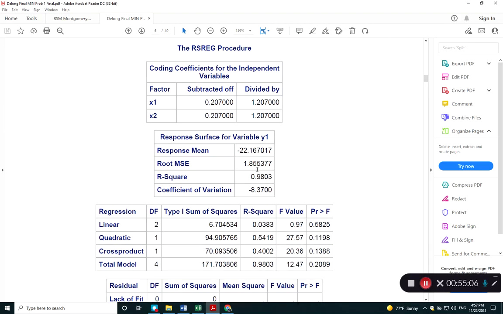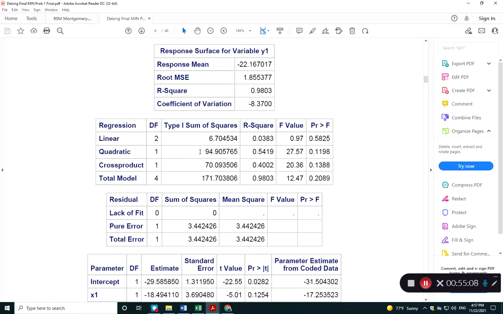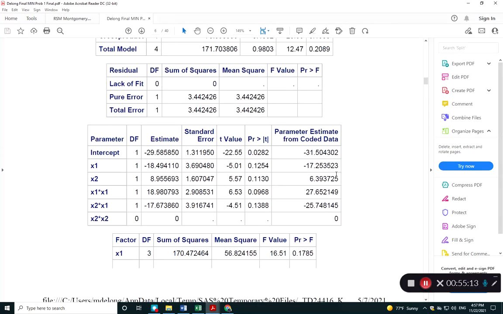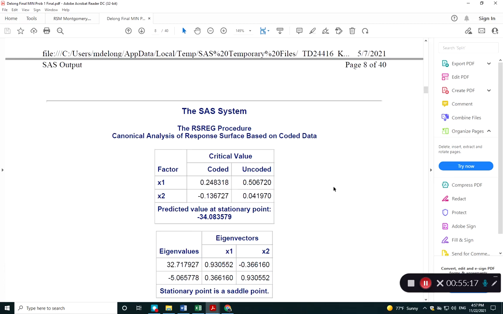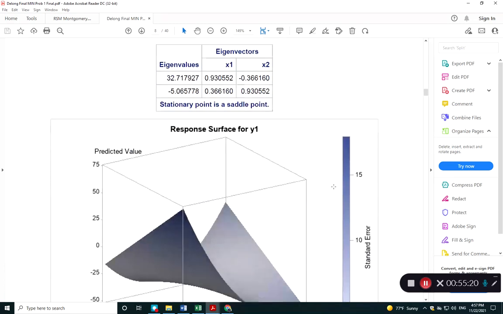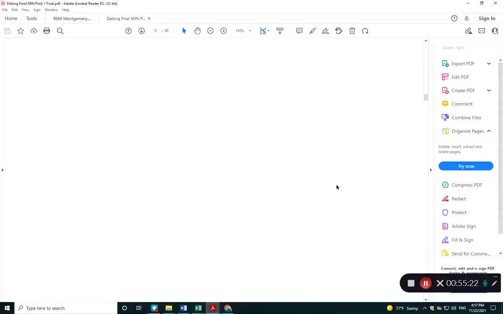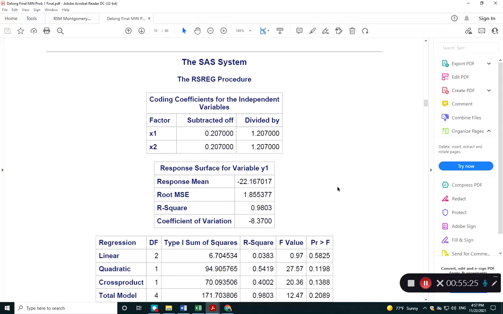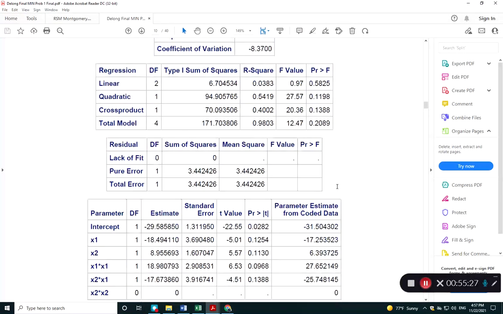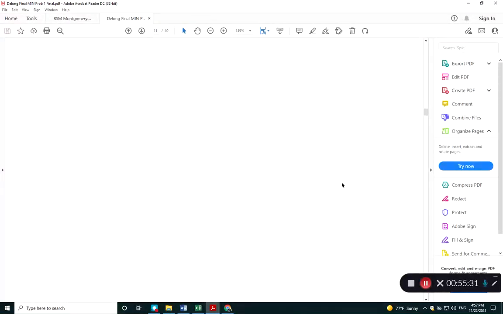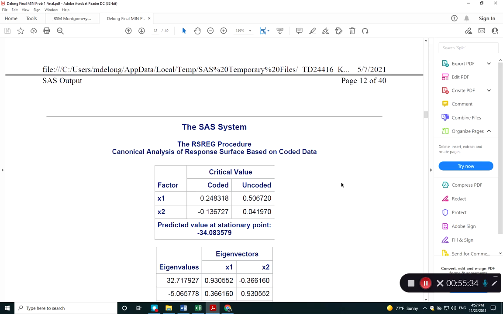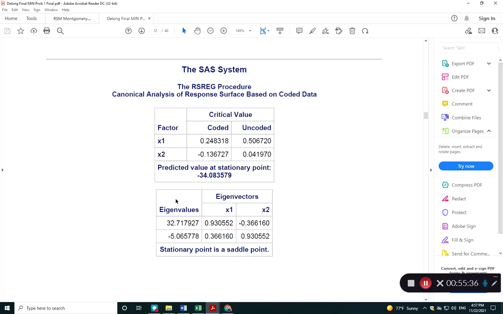And you should also tell me whether your quadratic and your interaction terms are significant, or either one of them is significant. And finally, report your eigenvalue and eigenvector.